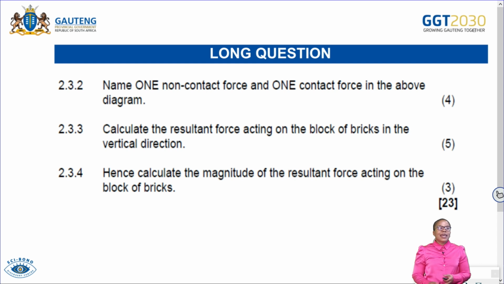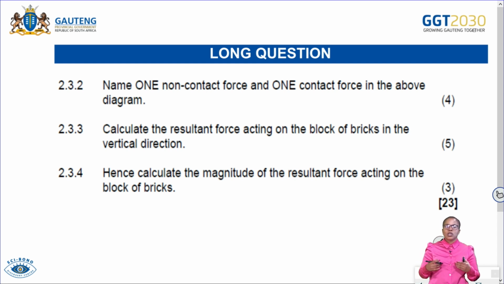2.3.2: Name one non-contact force and one contact force in the above diagram. Remember, you have 2 kinds of forces, or types. Now, name one contact force and one non-contact force.